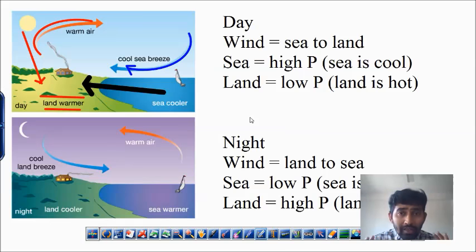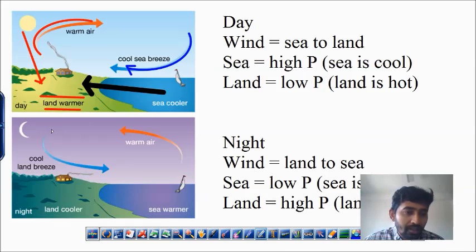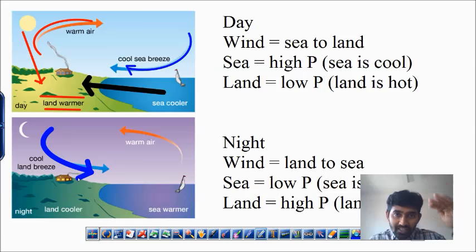So now land and water both are hot and the sun has gone. The minute sun goes, it's like switching off the gas. Land cools very quickly, and because land cools very quickly, you can see this blue line, it's cold air coming down on the land. क्योंकि धरती ठंडी हो चुकी है तो उसके साथ जो हवा है वो भी ठंडी हो गई और ठंडी हवा नीचे आती है.